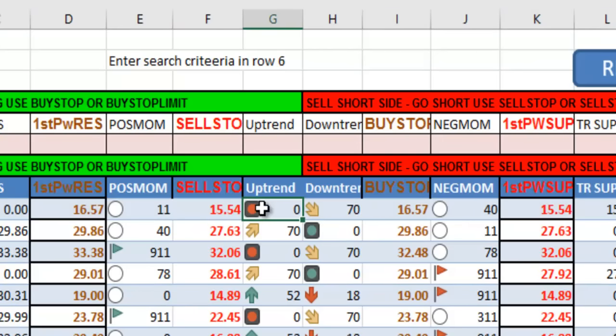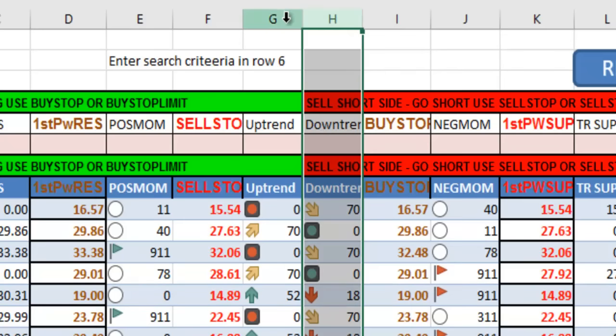It's not in an uptrend. Doesn't mean that it can't break out and rally once it breaks the pulse wave price trigger. It's just letting you know, as far as a trend is concerned, it is in a downtrend. So that's what you look at. You keep your eyes on that. It lets you know what the trend of the market is. That's what this is there for.